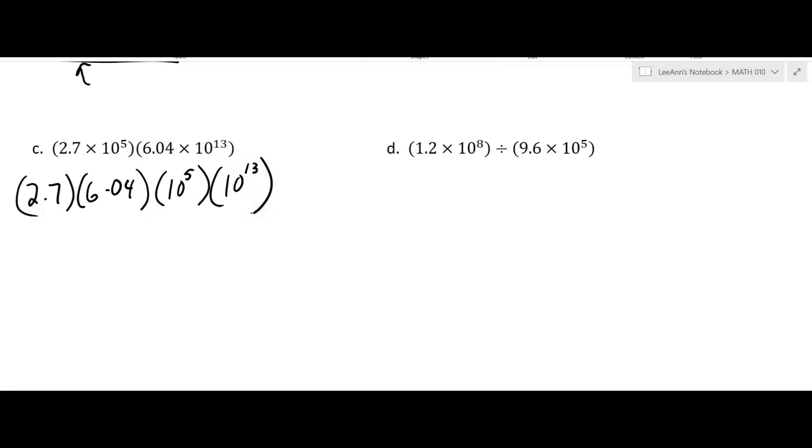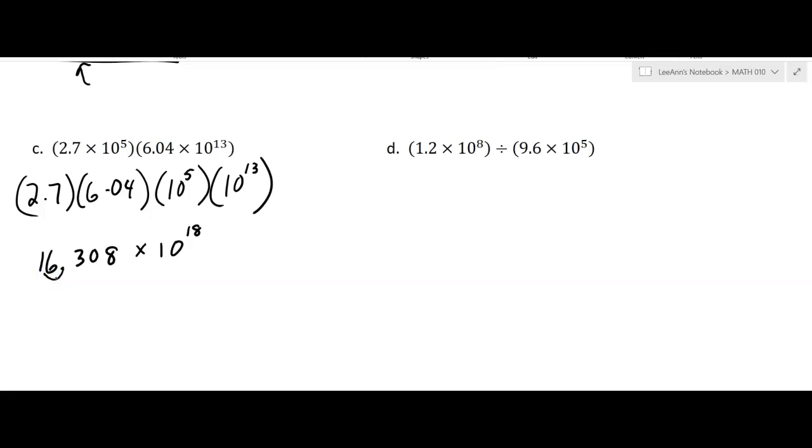All right, let me get my calculator. 2.7 times 6.04, and I'm getting 16.308 times 10 to the 18th, right? 5 and 13. Okay, but that's not in scientific notation, so I've got to move it one more place, right?